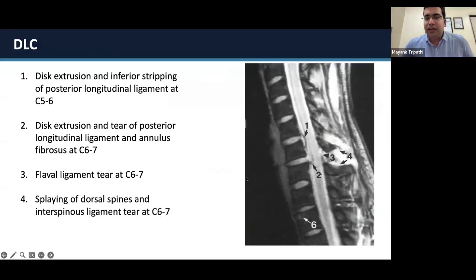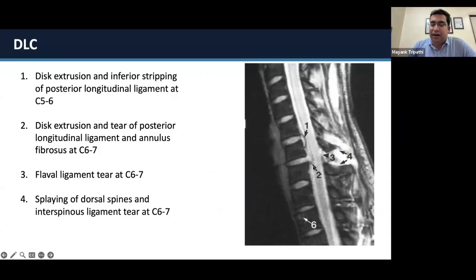This is an MRI T2 sagittal view showing an example of how the injury of the discoligamentous complex looks. The pointer at 1 shows the injury. There is a stripping of the PLL posterior to the vertebral bodies, but the PLL is intact in this case.